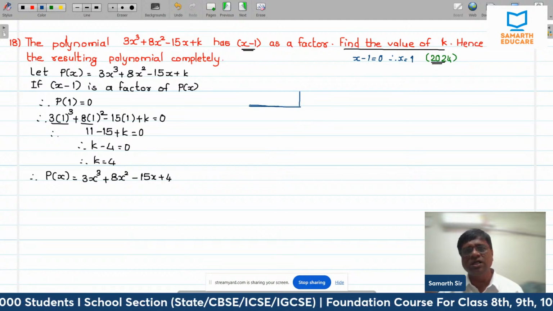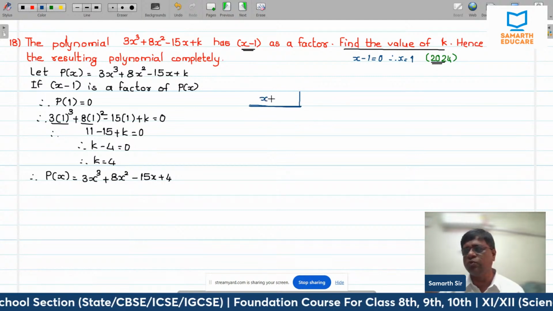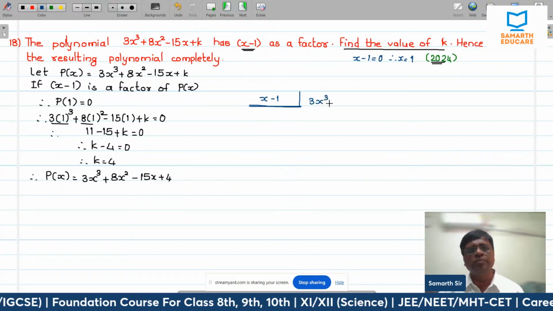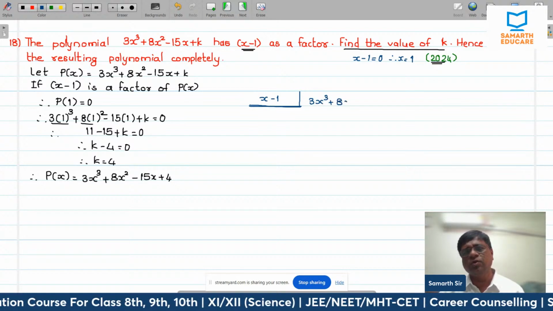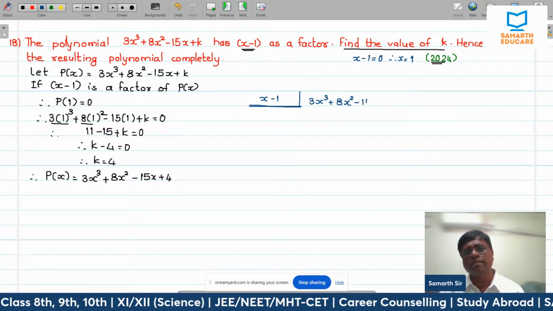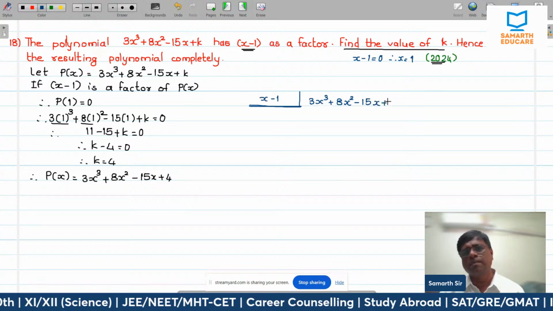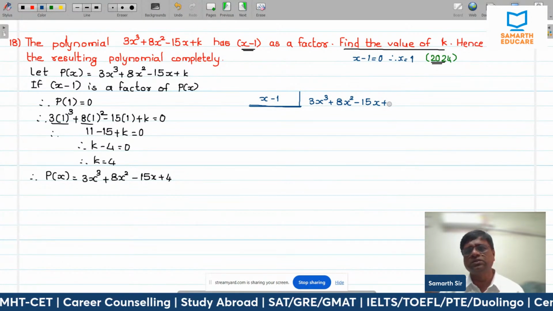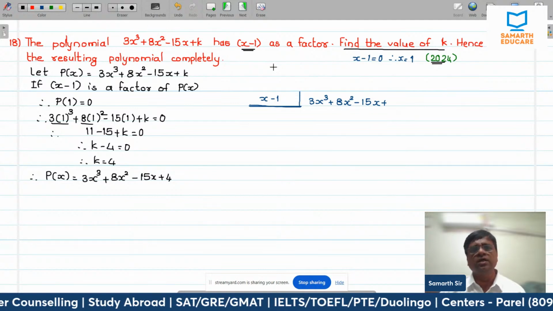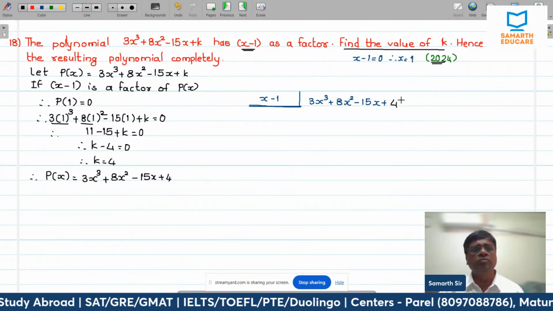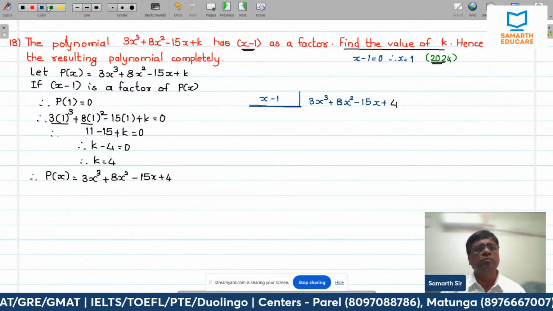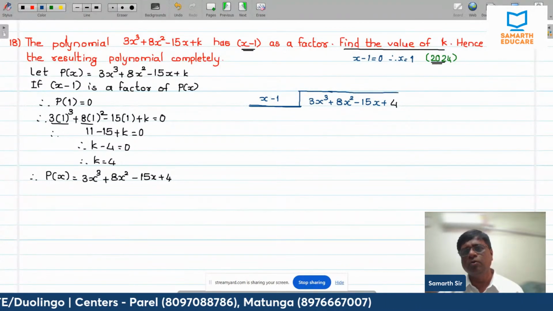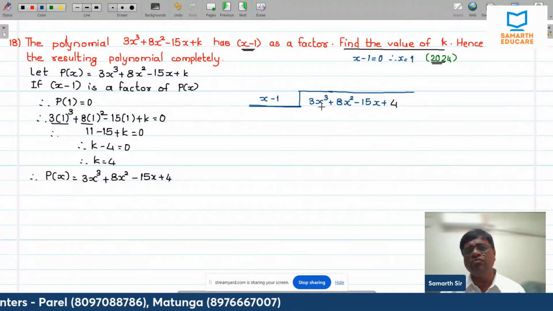What is the divisor in this case? The factor, that is x minus 1. What do we divide? The polynomial 3x cube plus 8x square minus 15x plus, remember the value of k is 4. Okay, now I have x and I want 3x cube.